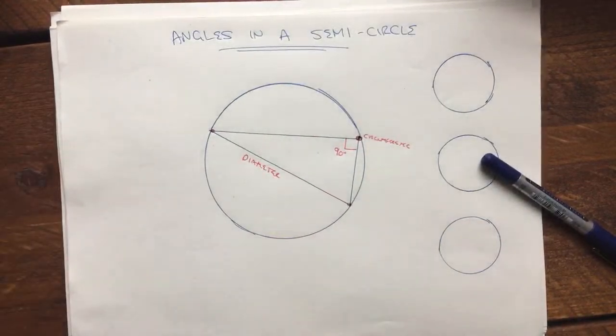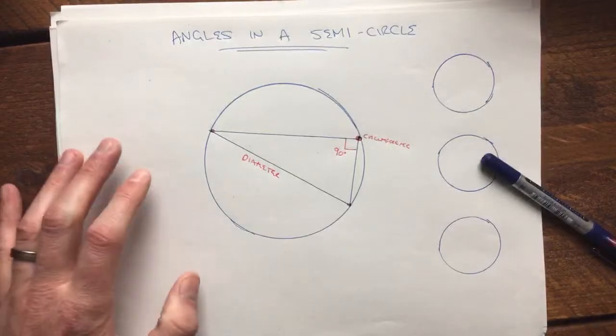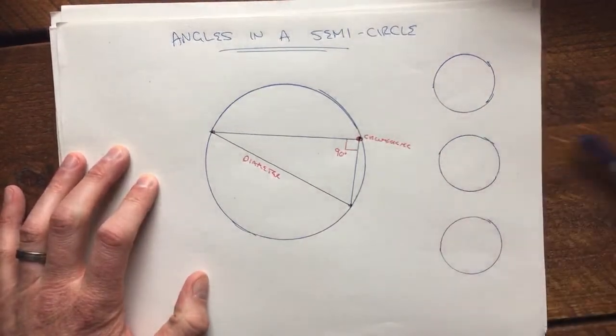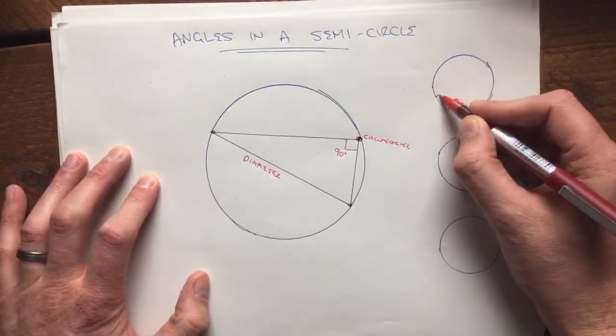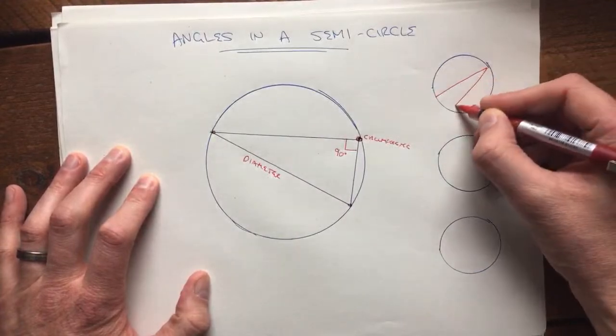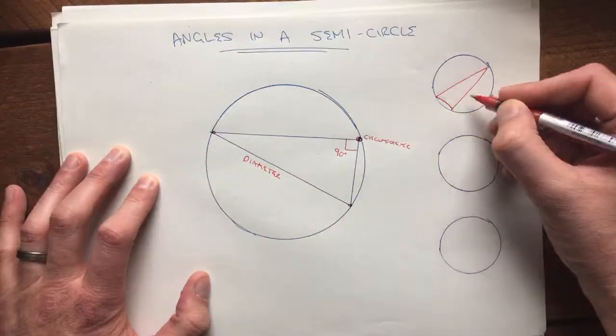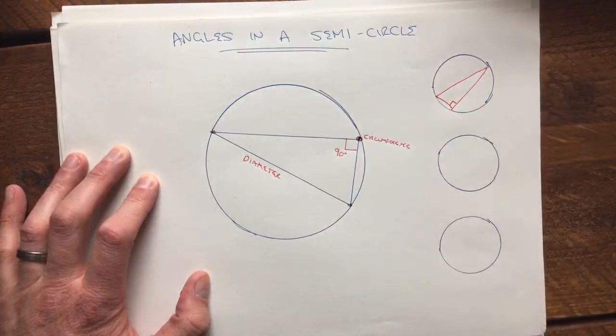That is the one bit of knowledge I need you to have in the National 4 here. It doesn't matter whereabouts in the circle. Here, that's a diameter, it comes up and touches the circumference. That means this angle here would be 90 degrees.